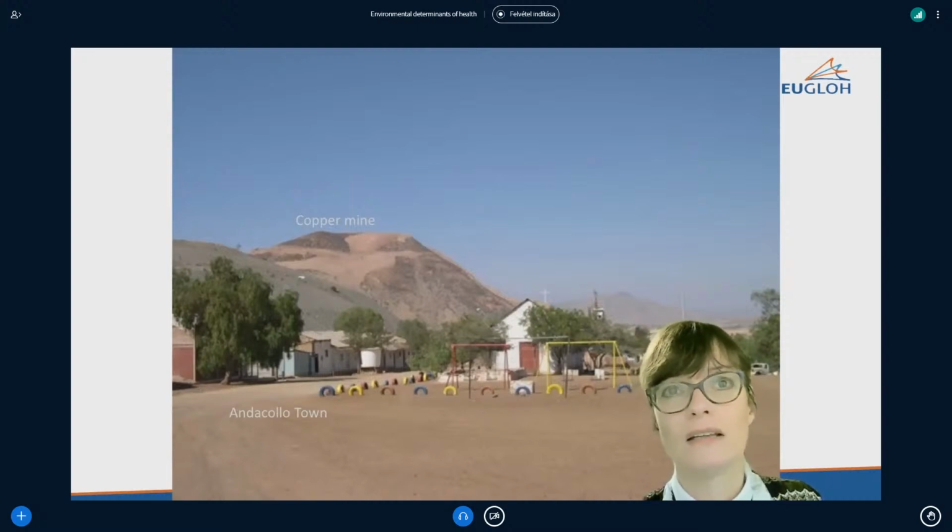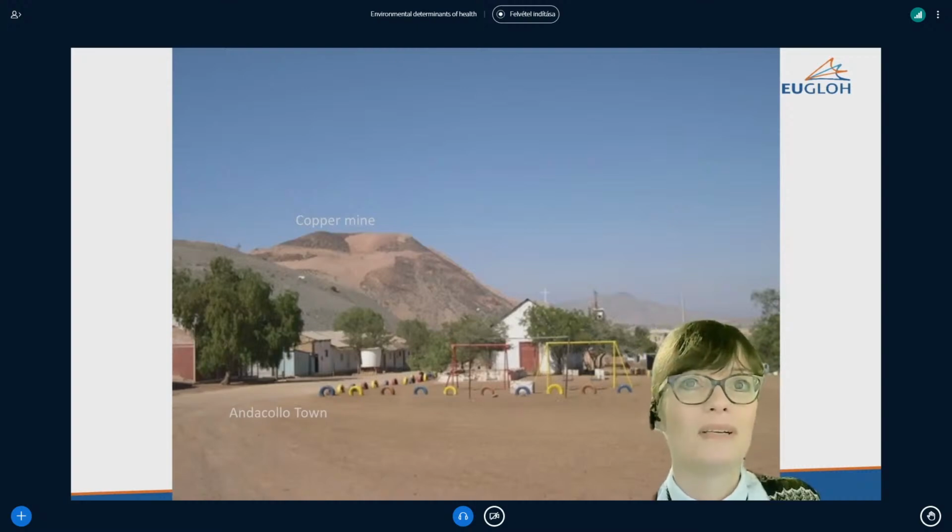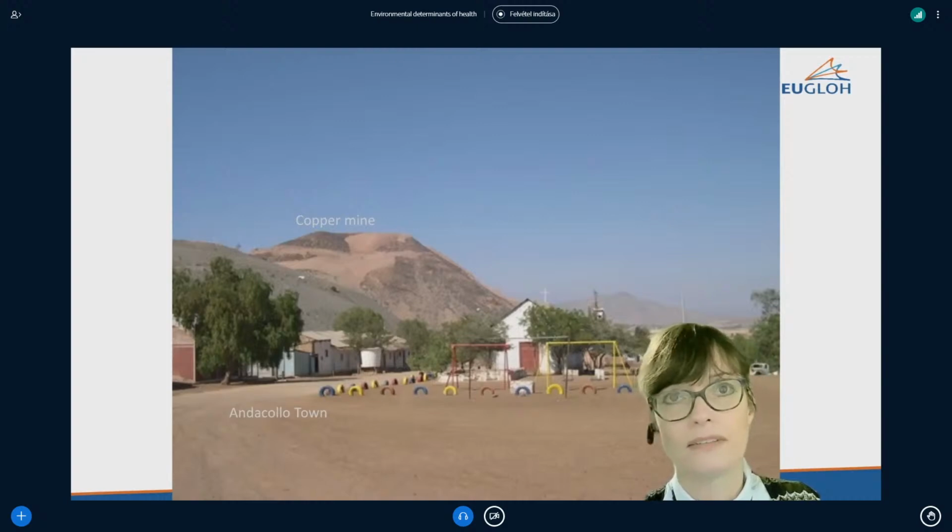Here you find an industrial copper mine, which is the mountain you see behind me, but also an industrial gold mine close to the community, which is not shown in this picture. And in the front, you see a part of Andacollo town. The mines are owned by North American enterprises.